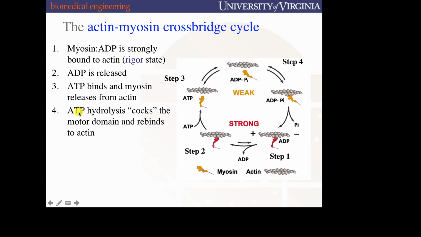Okay, so ATP hydrolysis cocks the motor domain, right? So it goes from this conformation here into this more linear or straight conformation. This is called cocking the myosin head domain. So the motor domain, and now it's going to rebind.